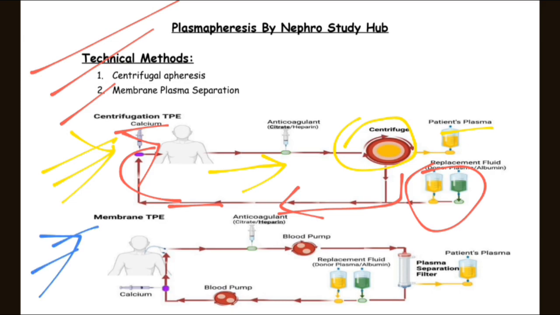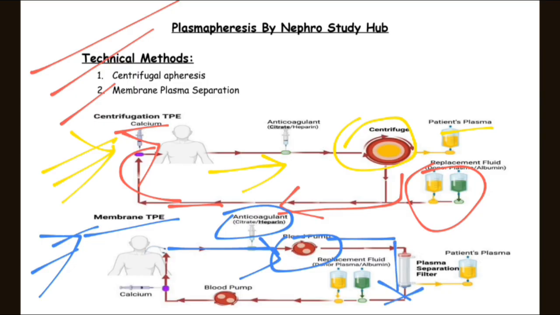Second one, membrane plasma separation by the nephrology department. Blood comes from the patient's body, anticoagulation is added pre-blood pump, then blood passes through the plasma filter where plasma is separated, then blood returns to the patient's body. In that line, we add replacement fluid.